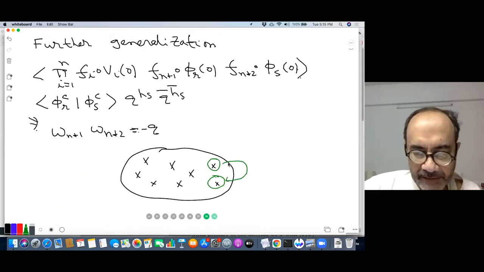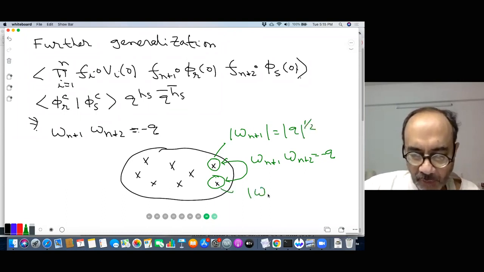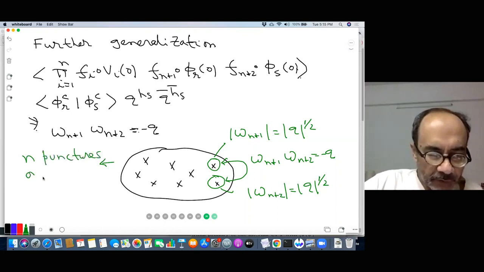We are identifying these by the relation W n plus 1 times W n plus 2 equals minus q, with mod W n plus 1 equal to mod q to the half, and mod W n plus 2 equal to mod q to the half. You can easily convince yourself that if you make this identification, what we get is a torus with n punctures on a torus.